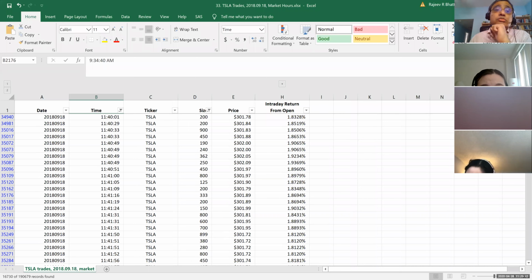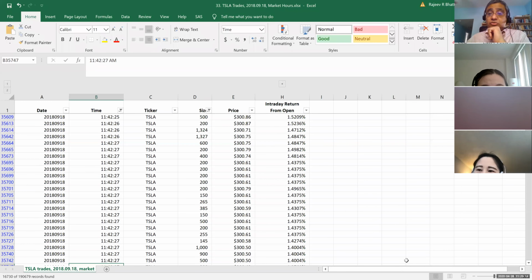All right. So at 11:40, the Bloomberg article has not hit the tape. We look down at 11:40, and the return is actually 1.42.